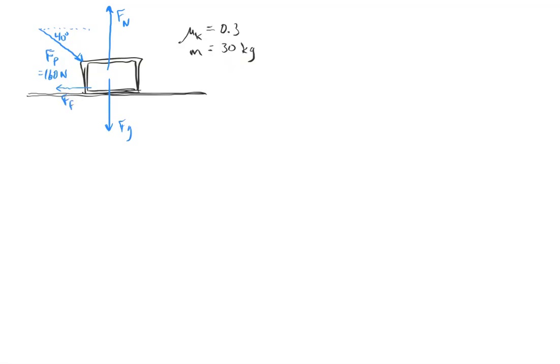And because we're just gonna sort of redo part B of the last problem, I'm gonna assume that we're in motion here. So we're sort of in the kinetic case. And so how about I actually relabel F sub F here to be F sub K, to specifically call out the fact that it's kinetic friction, okay?